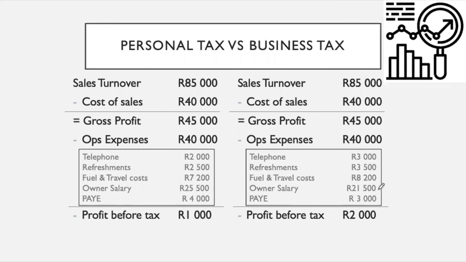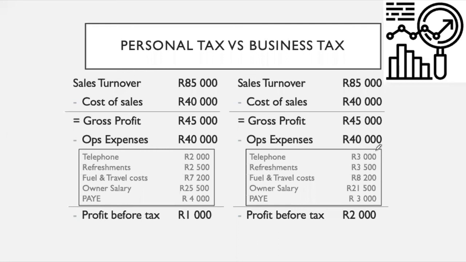Again, relevant and true expenditure. So you can deduct a portion of your telephone account to the business. So instead of paying 2,000 Rand, the business pays 3,000 Rand. Instead of paying refreshments, the business pays 3,500, coffee, tea, sugar that you go buy from Makro, okay? Fuel and travel costs, maybe the parking and all the little extras.